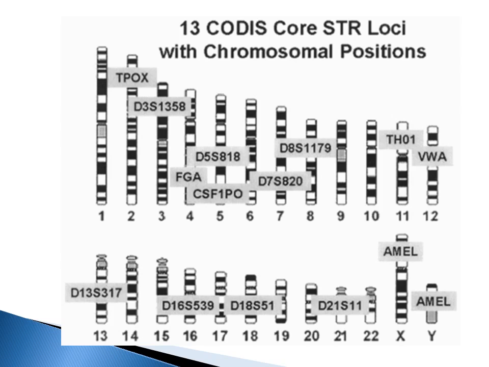Again, your 13 CODIS STR loci with the chromosomal position. So the TPOX locus is located on chromosome 2, the FGA is located on chromosome 4. So these 13 loci are used for criminal analyses.